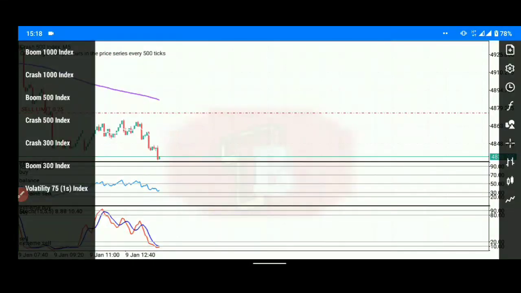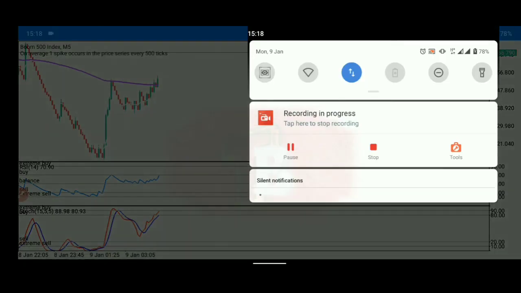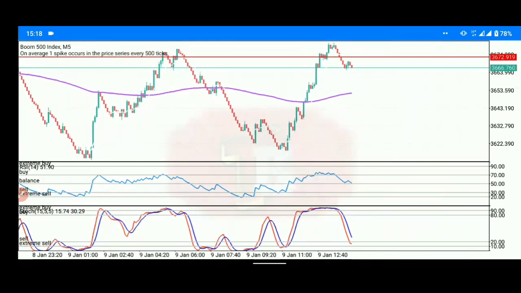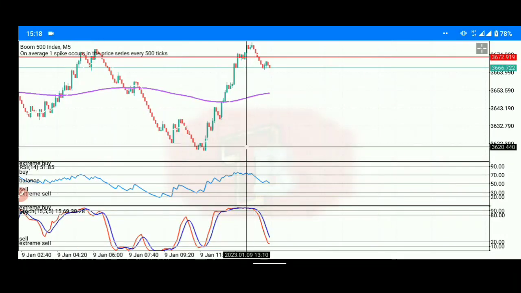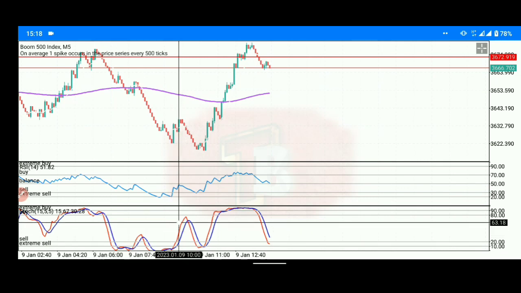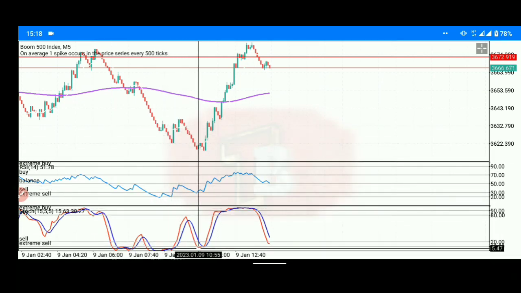Now let's go to Boom 500. The same thing in Boom 500. Wow. Can you see it? Watch. This is very profitable. Come down here.